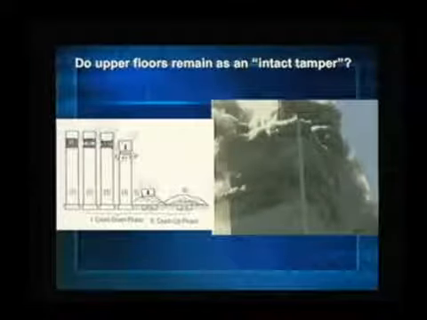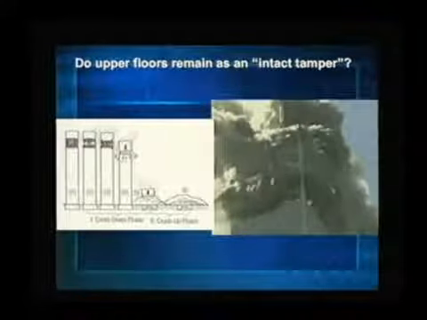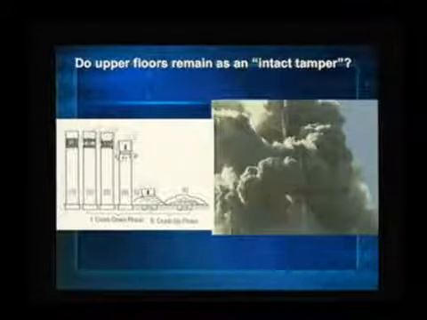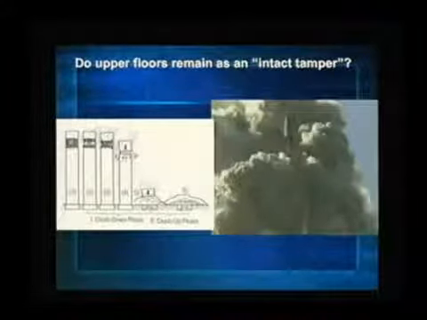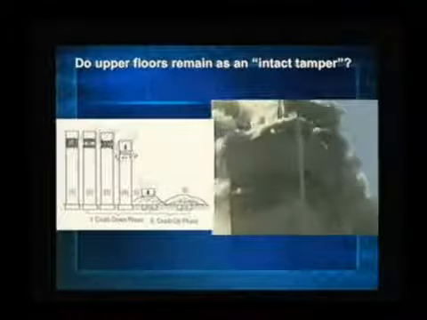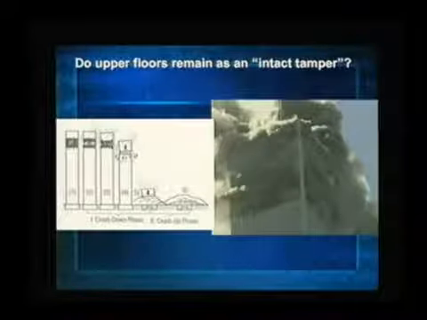But you see, there's a force equal and opposite, up and down, and the upper block, which, by the way, has thinner columns. That's the way it was built. The core columns get smaller, thinner as you go up. Furthermore, the fire would have weakened the upper columns, and indeed that's what you see. It's the upper columns that are destroyed.